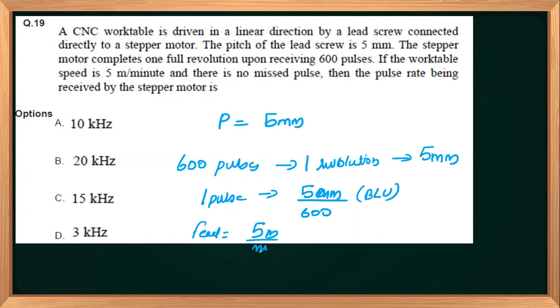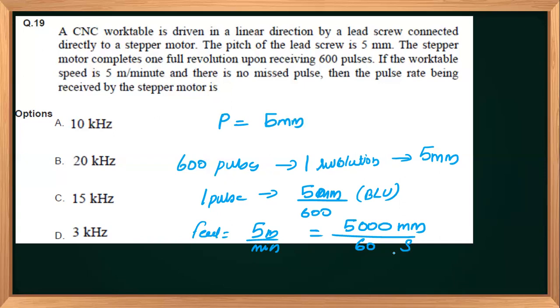You can say this is in hertz, and this is also in mm per pulse, so better you do it with millimeters and seconds. 5 meters means 5,000 mm, and per minute gives division by 60, per second. So this much millimeter per second will be the feed.